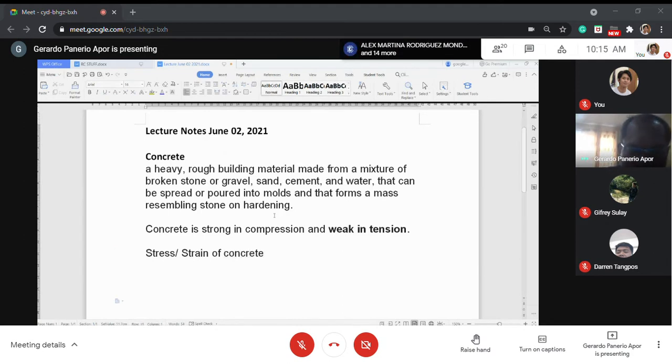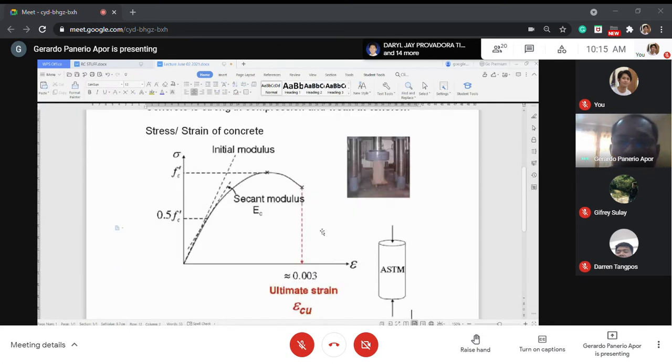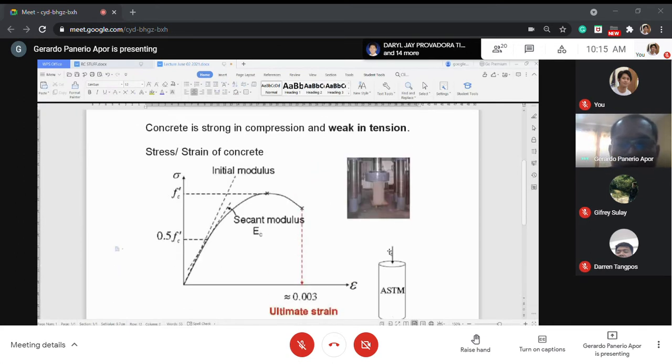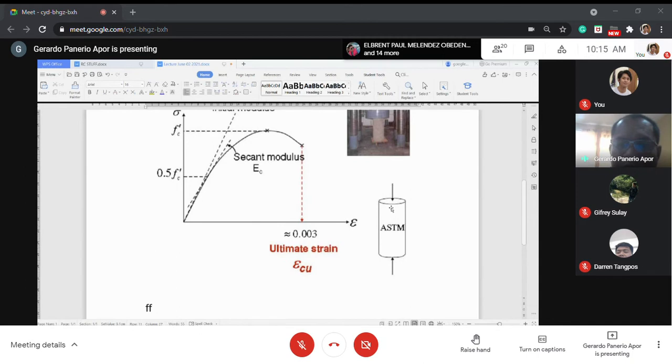So how does it look like? Maybe all of you have experienced breaking a concrete cylinder, right? Did you do this in your material testing class?